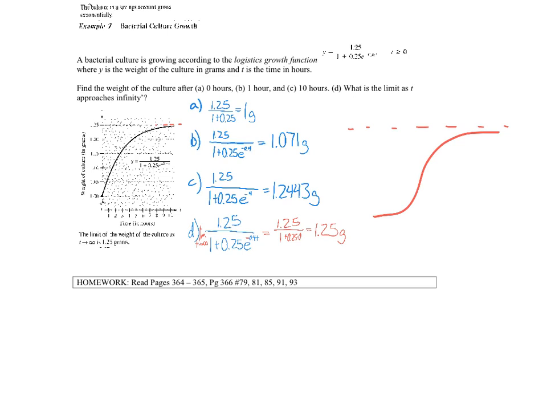That's what it's approaching in this case. If you have a really great memory, you might remember last year when we looked at logistic functions, the maximum capacity was your numerator. So if you're looking at a model for a stadium that holds 50,000 people, it's going to be 50,000 over something. Which makes sense.